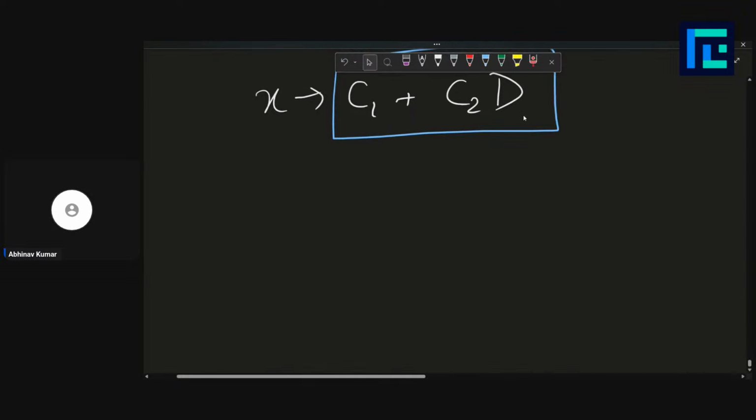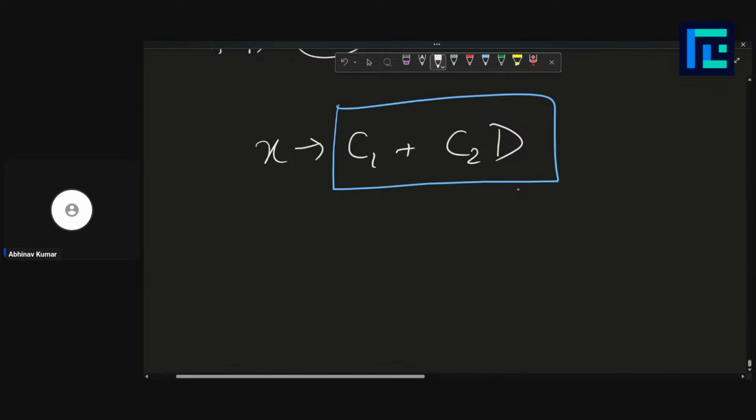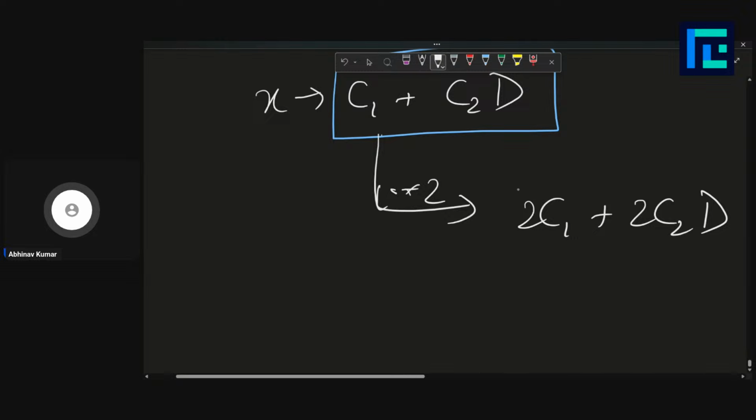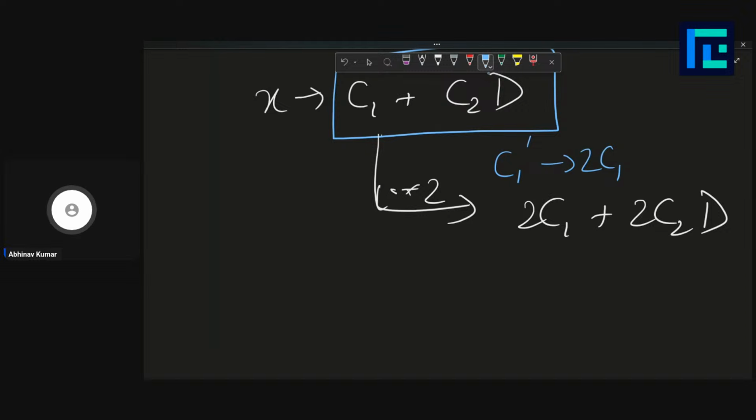If at any point of time you have c1 plus c2 times d, and you multiply it by 2, you get 2 times c1 plus 2 times c2 d. That means your new c1 is 2 times the old c1, and your new c2 is 2 times the old c2.